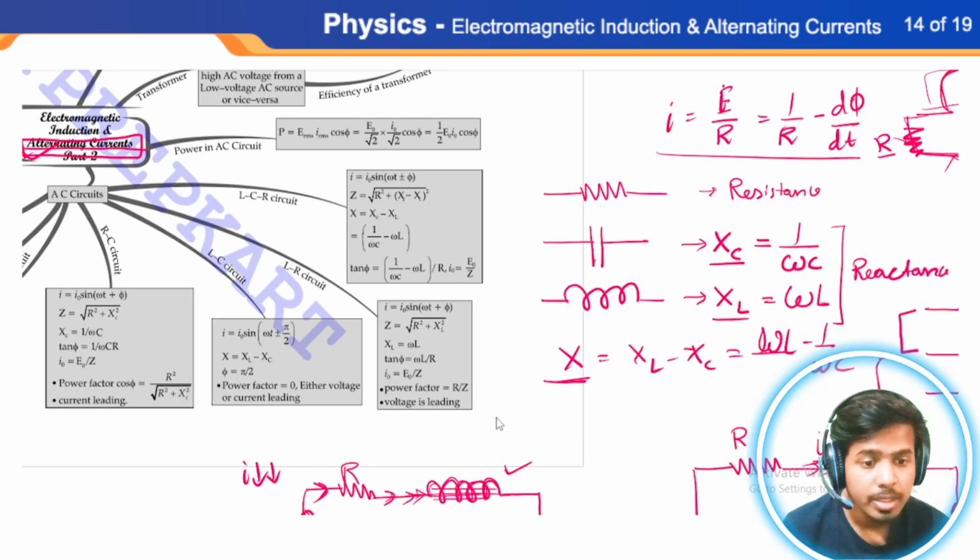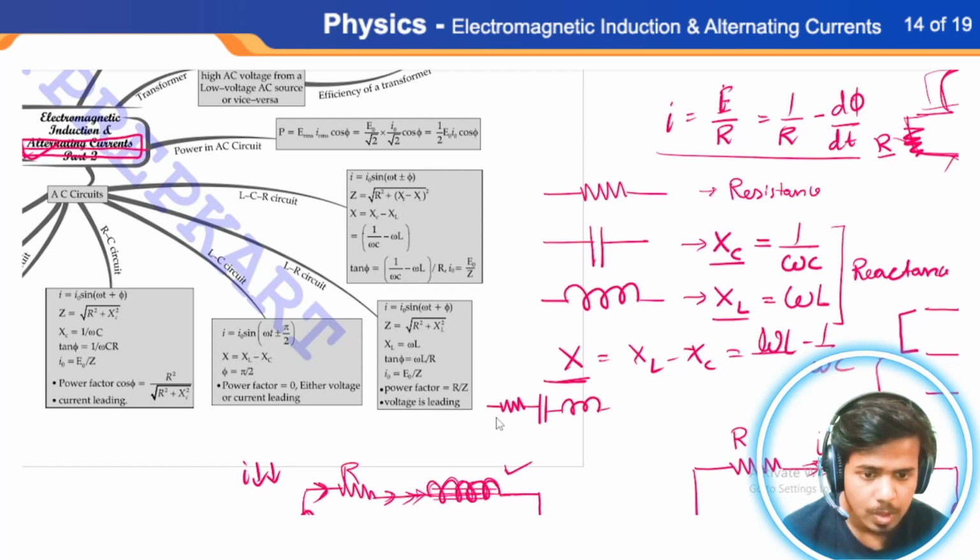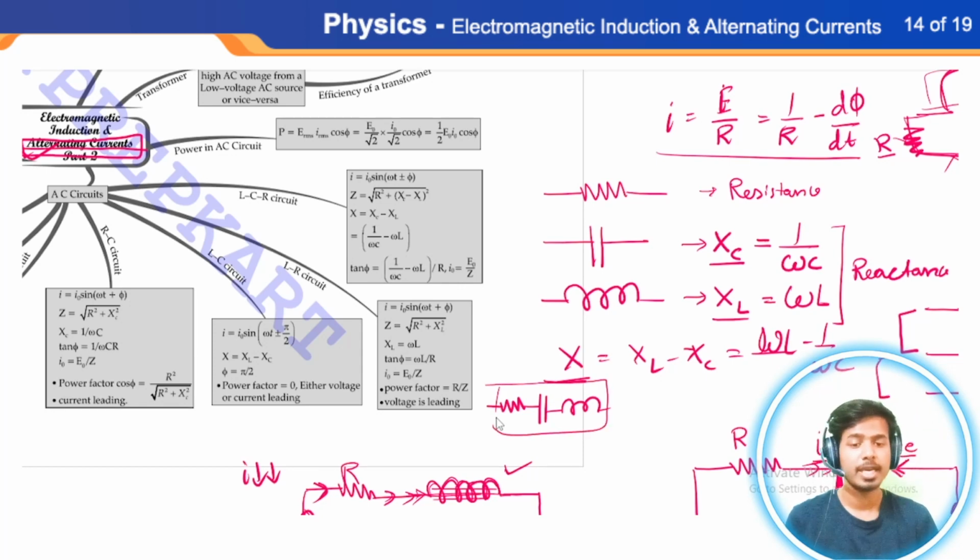There is another thing called impedance. Let's say you have all the things combined. Then the whole thing gives you an obstruction to the flow of current. Now we cannot term it resistance, because we have already taken that name for only this part, the resistor.